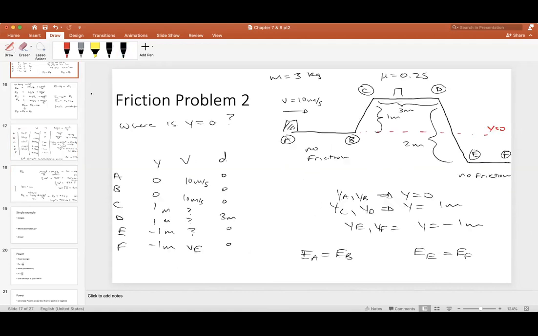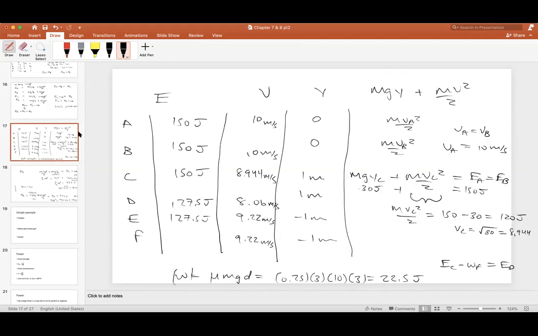Once it passes D, once it goes from D to E, there's no friction from D to E, and there's no friction from E to F. So it's not going to lose any energy when it travels from D to E. And it's not going to lose any energy when it travels from E to F. The energy was lost to the total energy. We lost 22.5 joules of energy to friction in our total energy.